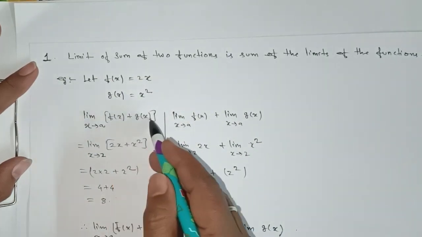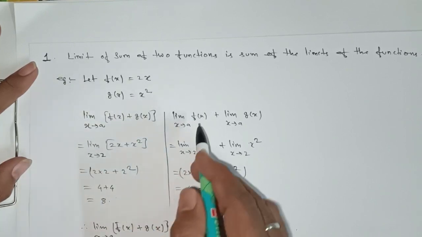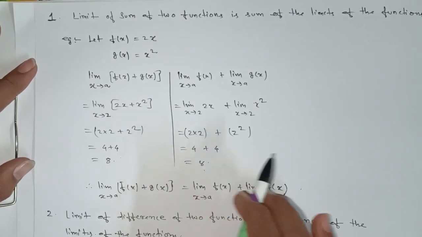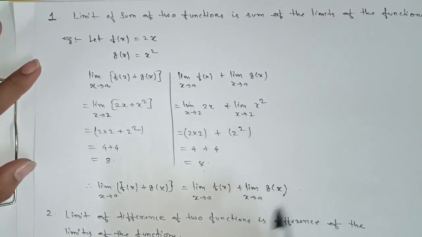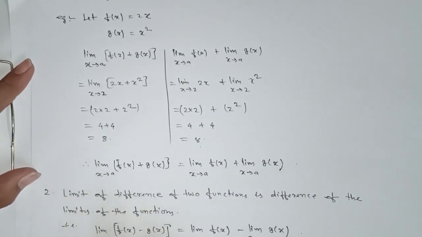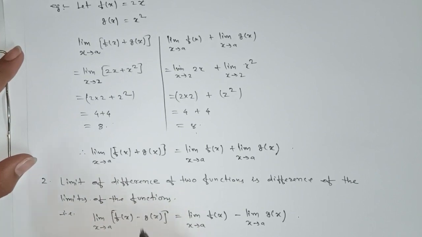You can see directly and separately, I got the same value. Similarly for difference also, the limit of the difference of two functions is the difference of the limits of the functions.